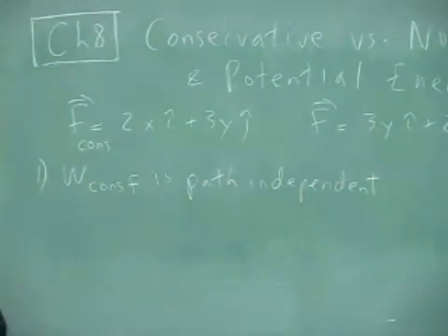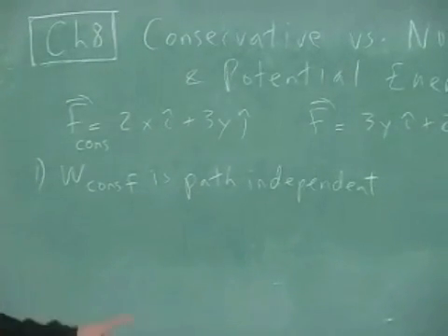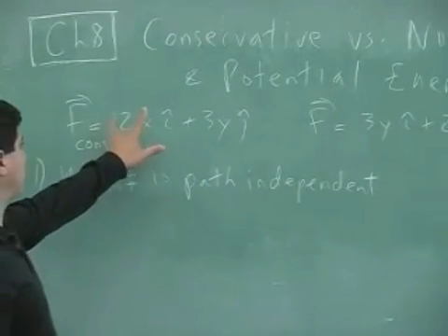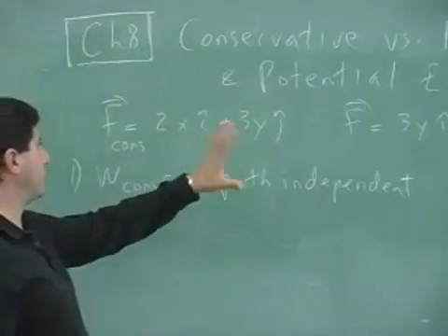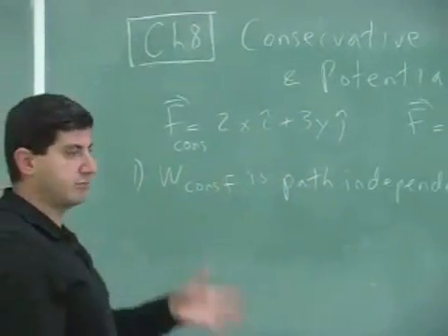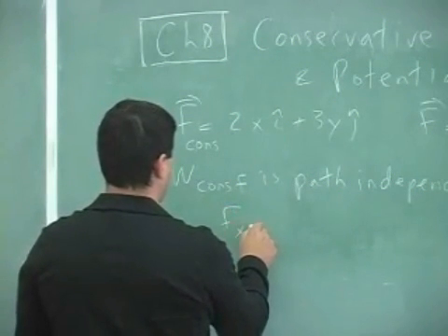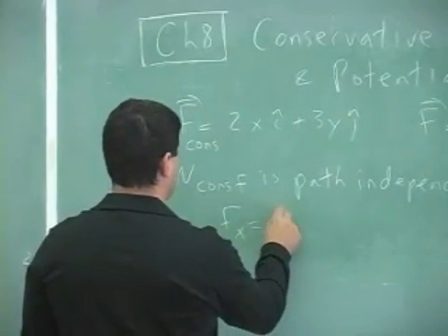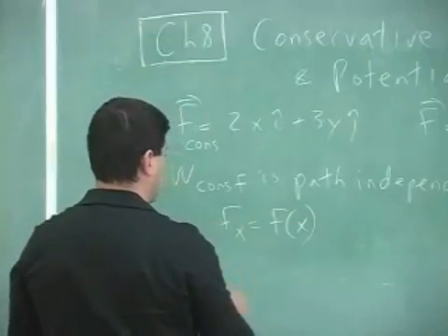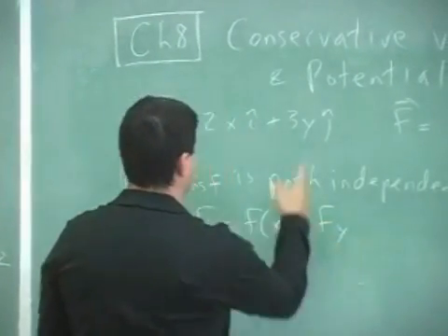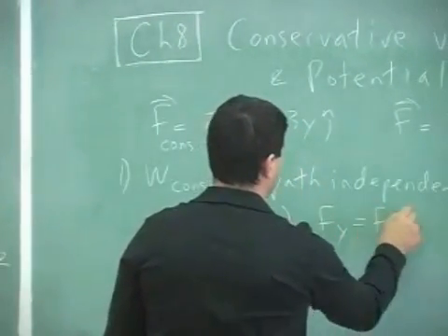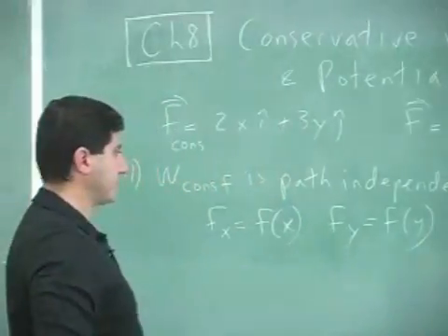And the way that you can tell that it is a conservative force is that the x component is only dependent on x, and the y component is only dependent on y. So Fx is a function of only x, and Fy, the y component, is a function of only y. Okay?